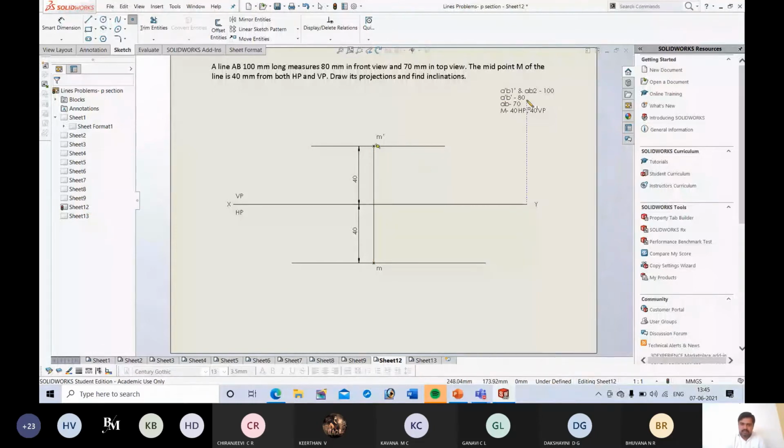First I will consider the length of the front view. It is 80, half of it is 40. If I rotate the front view and make it parallel, it will lie on this locus of M dash. Based on that, I will mark the front view on the locus of M dash.